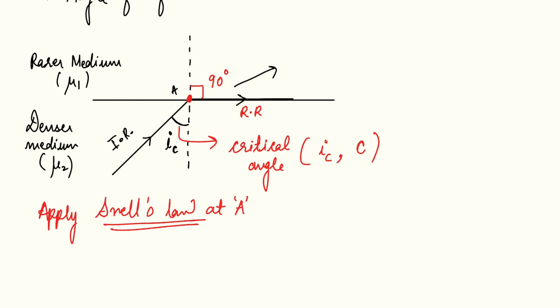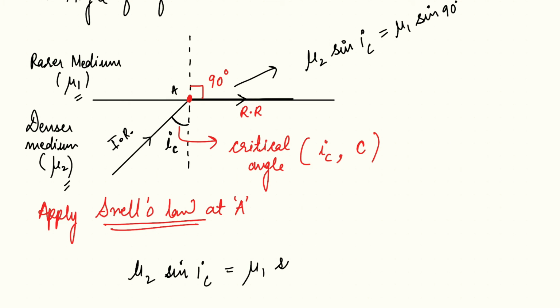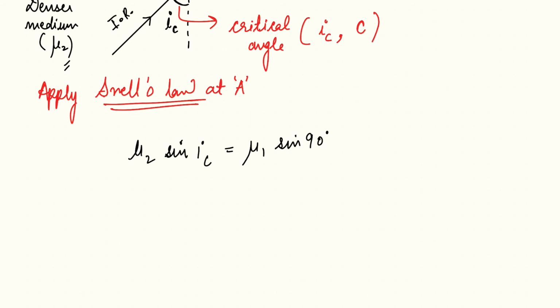First of all, for the denser medium, that is nu2 times sine of critical angle, that must be equal to, for the second medium, nu1 times sine of 90°. Is that a yes or no? So I can write nu2 sine of critical angle is equal to nu1 sine of 90°, right? Now very important, what is the value of sine 90?